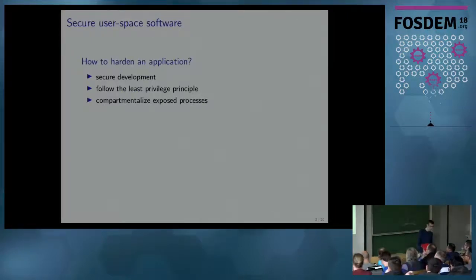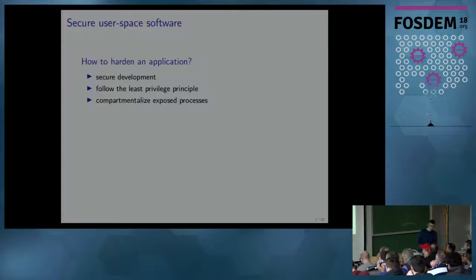So how to make something more hardened? Of course, you may want to use some good languages with good security properties to avoid some common security issues. But you may use some legacy software or third-party software, so you may not be able to follow these good practices.